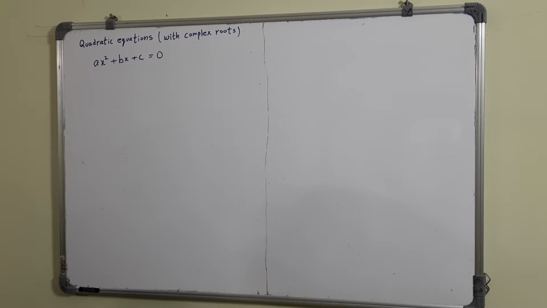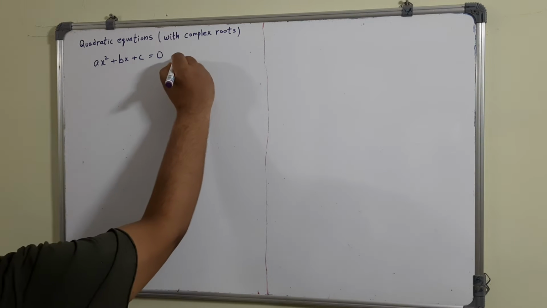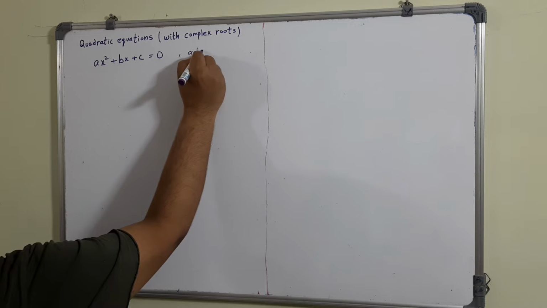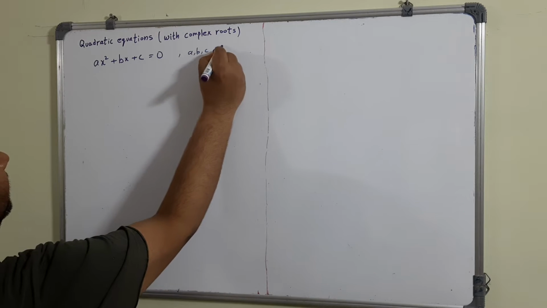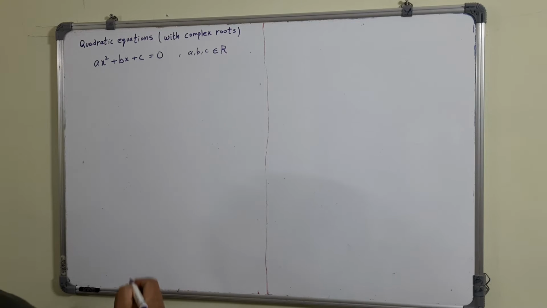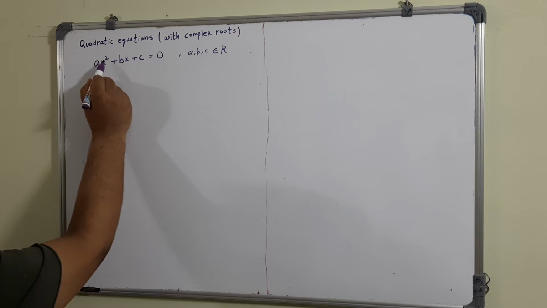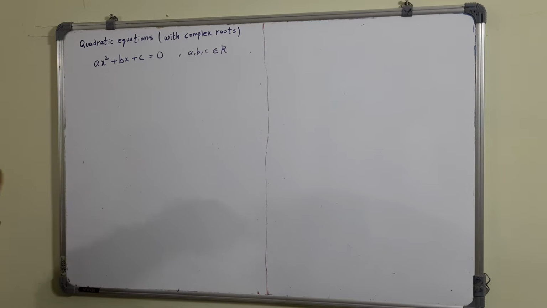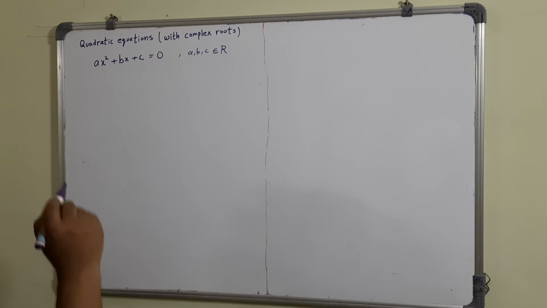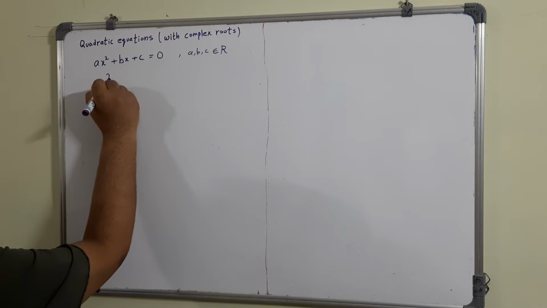So this is a polynomial of degree 2, while a, b, c are real numbers, and the variable x has the maximum degree, that is 2. So this equation is going to have at most two roots.